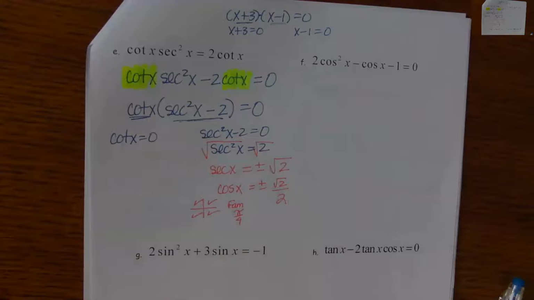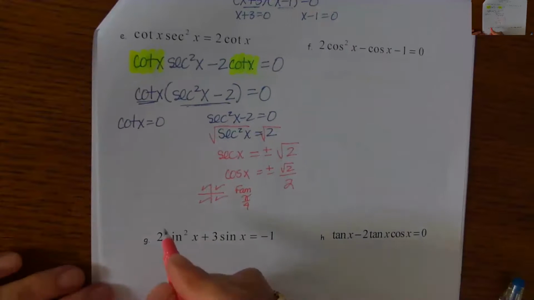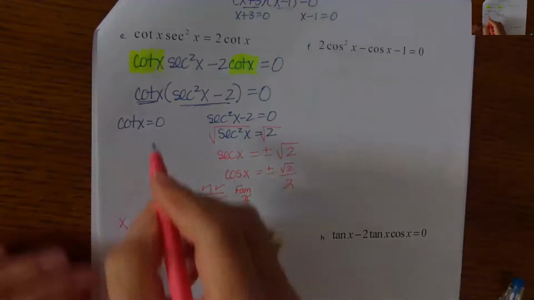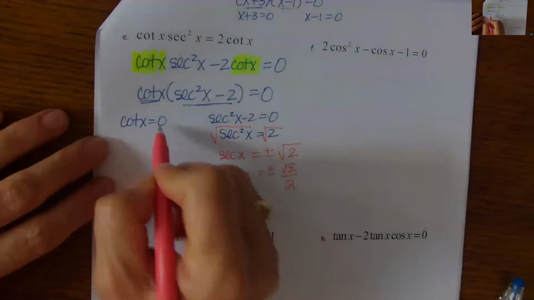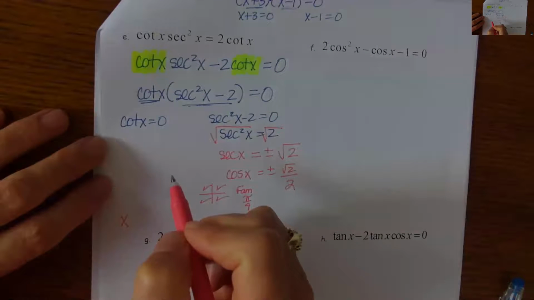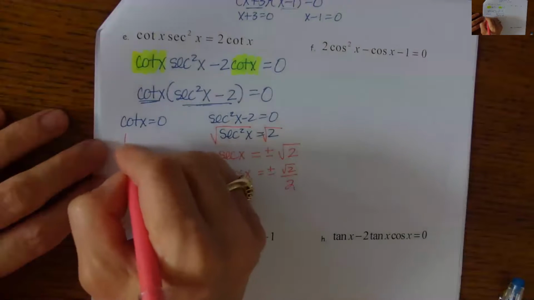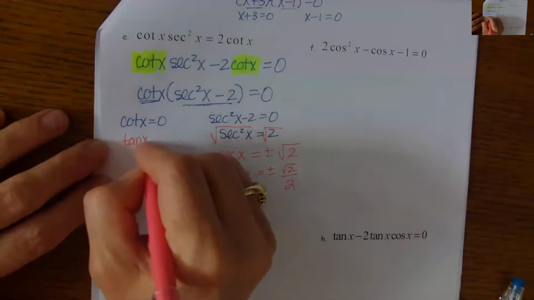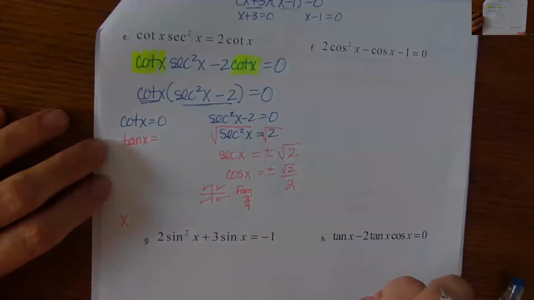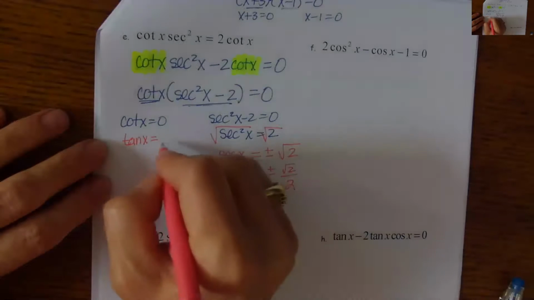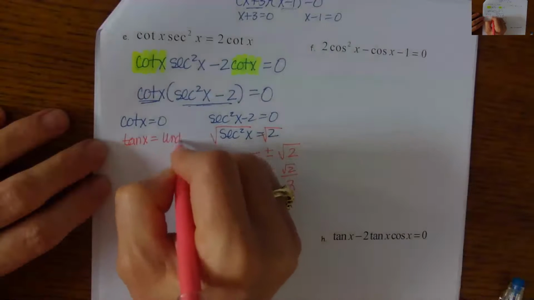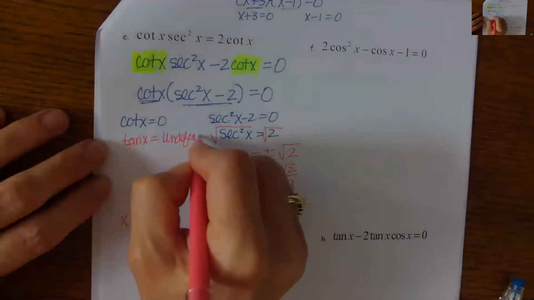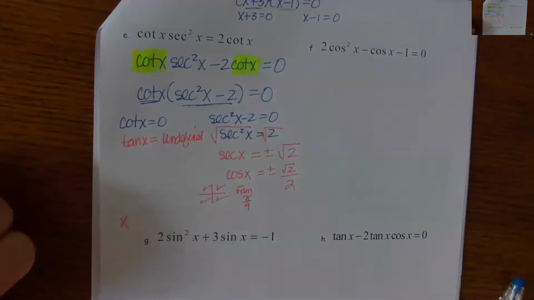Pi over 4, right? So let's figure out what x is. Cotangent is 0. So let's flip that over and say tangent. What's the reciprocal of 0? Right, undefined.